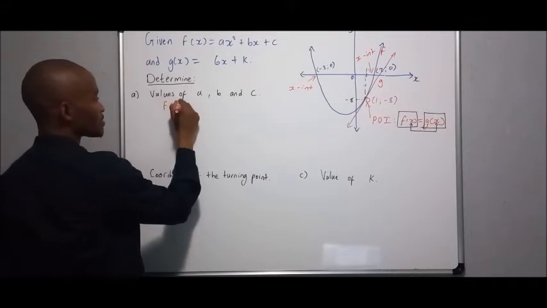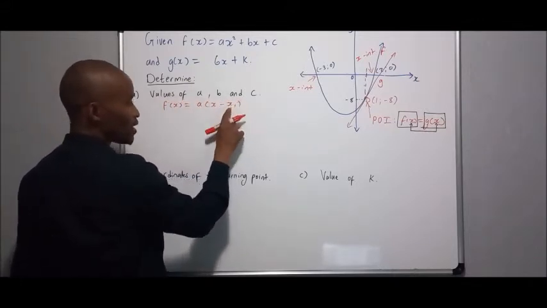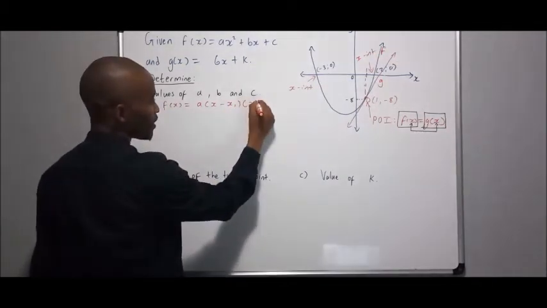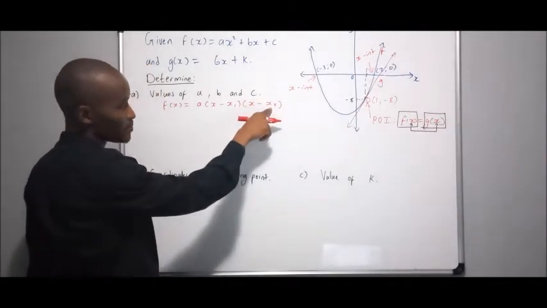So f of x can be written as a times x minus x1, where x1 means the first x-intercept, times x minus x2, where x2 means the second x-intercept.